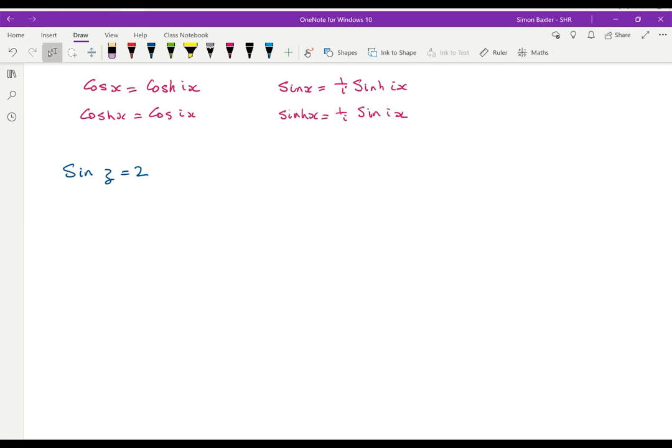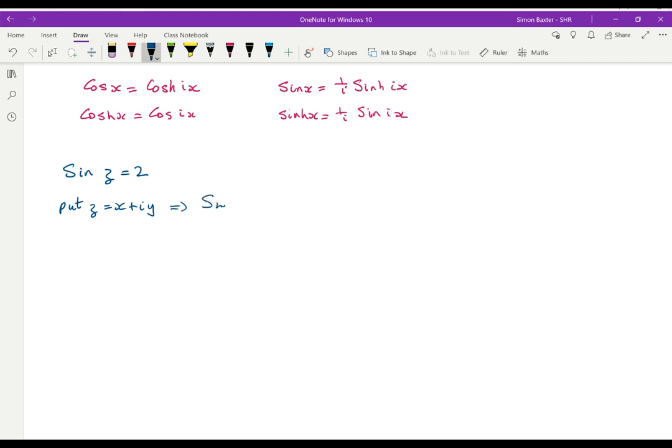Now we have another unpleasant looking equation. Sin z equals 2. You have always been told that sine can never be bigger than 1. Well, what happens if we start looking at complex numbers? Let's put z equal to x plus iy, where x and y are of course real.